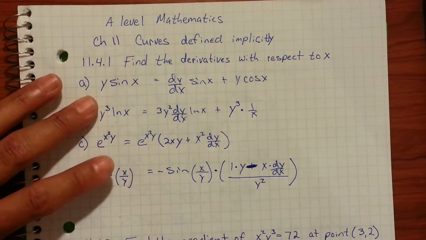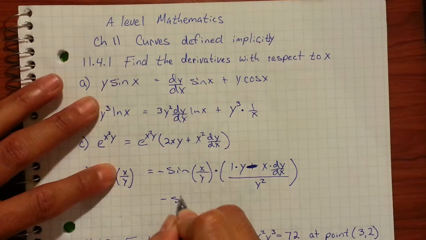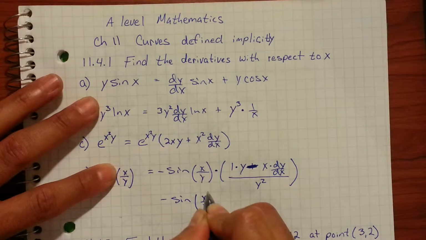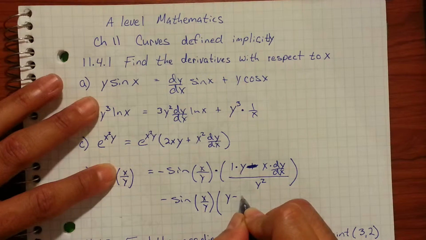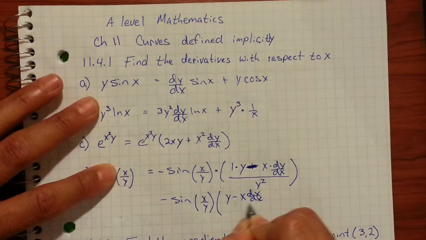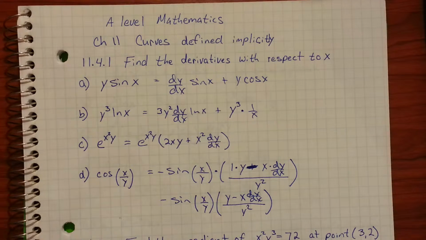So I can go ahead and try and clean it up a little, which is just going to turn into negative sine of x over y times y minus x dy/dx over y squared. And that's what I have for that one.